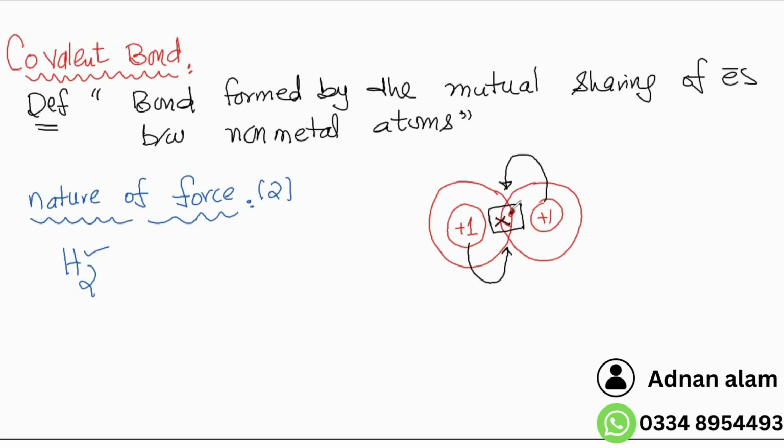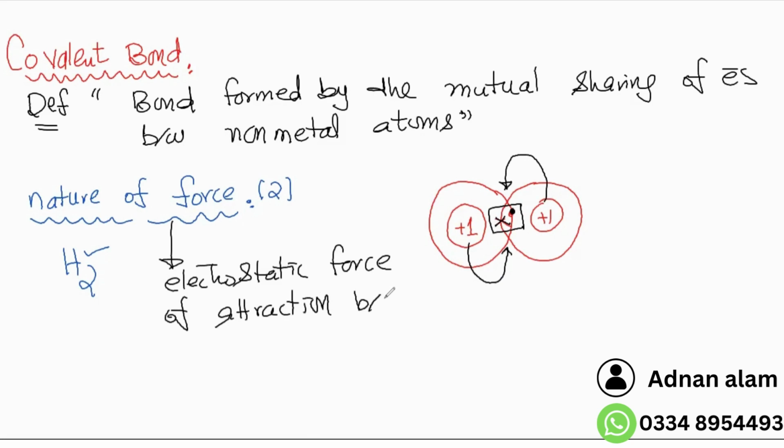This electrostatic force, present between the nuclei and the shared electron pair, is the nature of force. Nature of force is electrostatic force of attraction between nuclei and shared electron pair. So this kind of electrostatic force is present in covalent bonding.